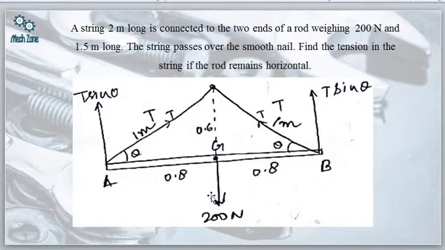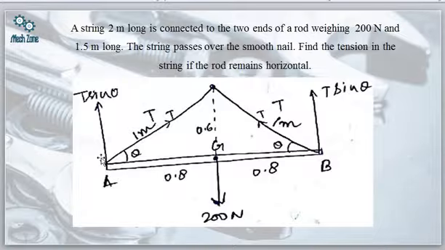The weight is acting downward, so the tension acts away, because it has to keep the string in tension. So the direction of tension would be like this, and we will resolve this tension force into two components, one T sine theta and the other T cos theta.